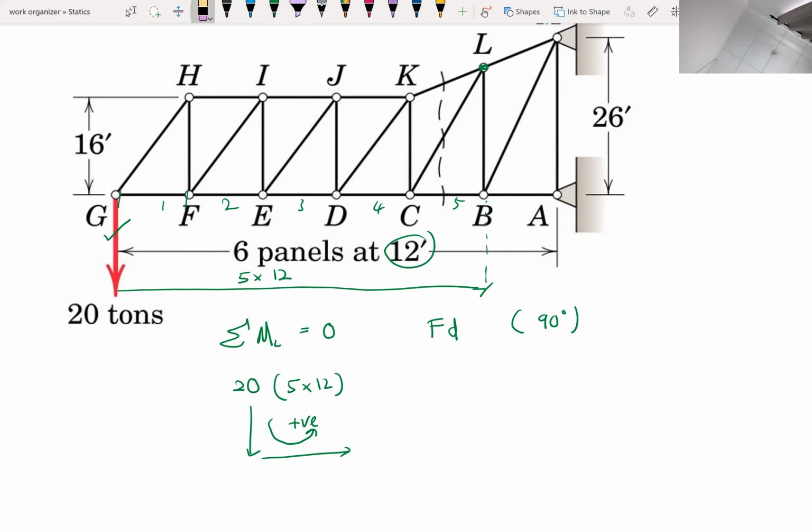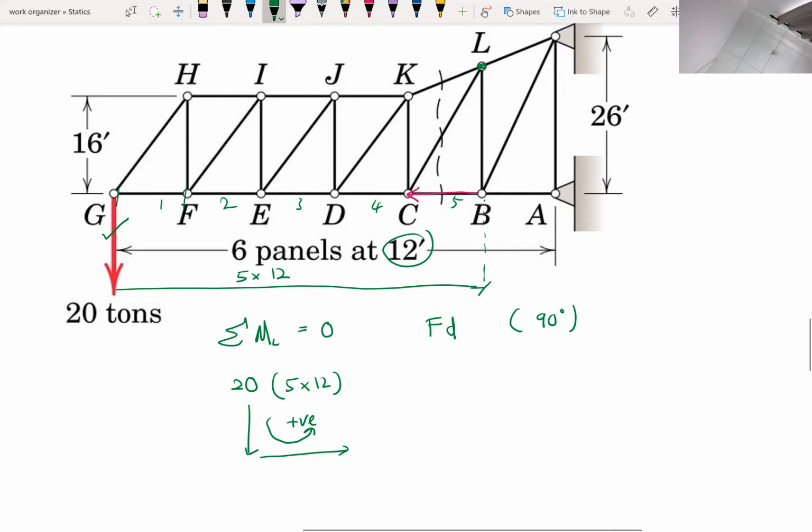Maybe I should color with different. For this one we have BC, or CB, it is up to you.